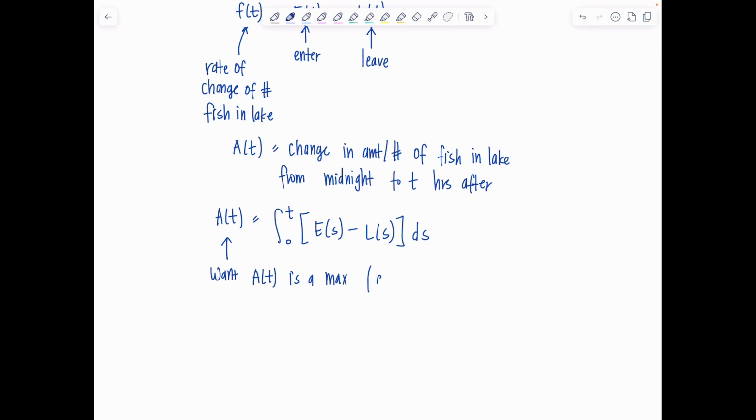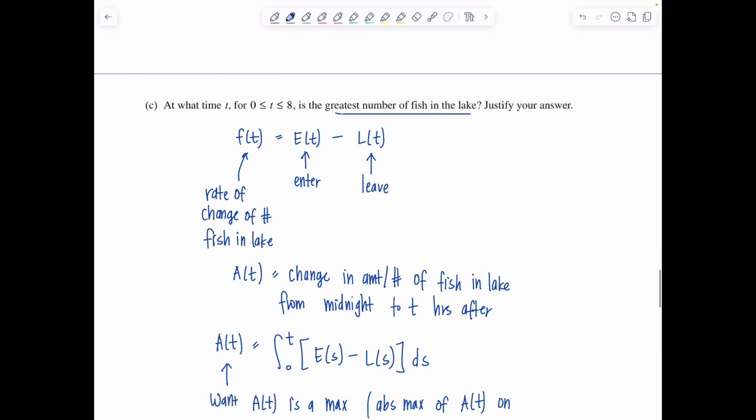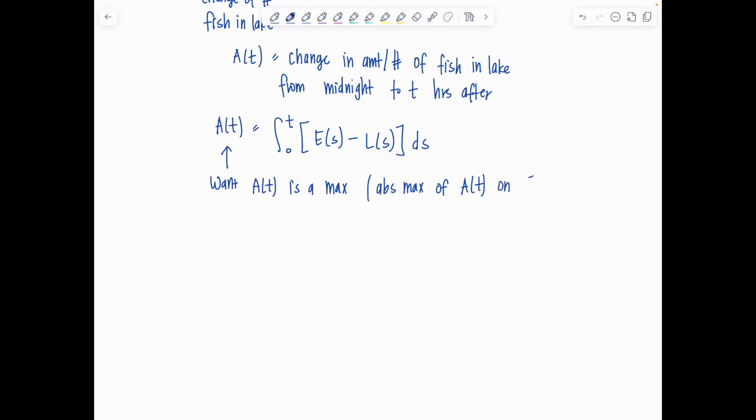Okay, well, basically, to answer the question, I want to know when A of t is a max, right? And in particular, I'm looking for the absolute max of A of t on the interval from 0 to 8. So what we're looking at is trying to find the absolute extreme value. We want absolute extrema of A of t on 0 to 8. So if you've forgotten how to find absolute extrema on a closed and bounded interval, I'll link a video in the description.